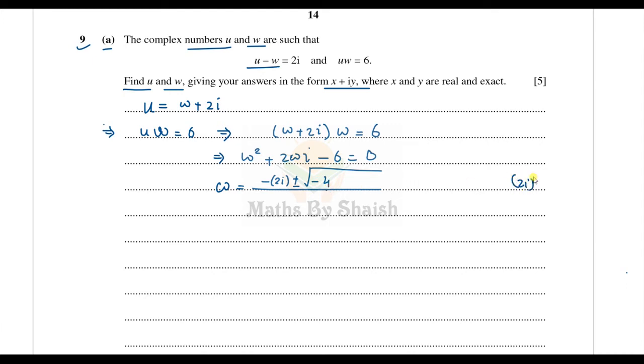I'll write here, 2 iota square is 2 square into iota square, that is 4 into minus 1, and hence it is minus 4.